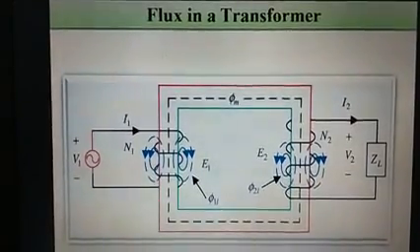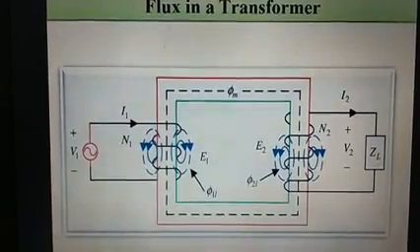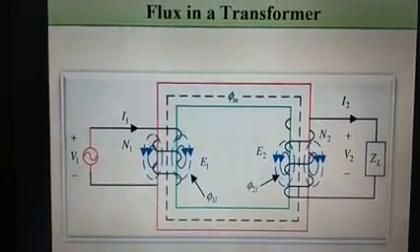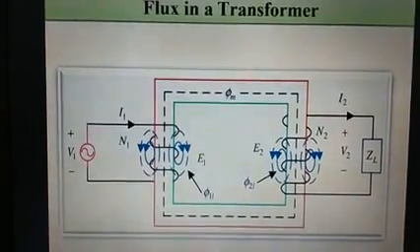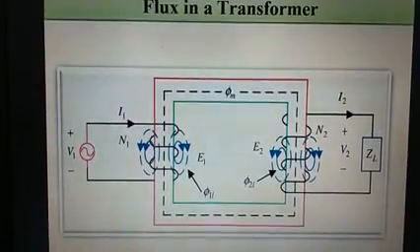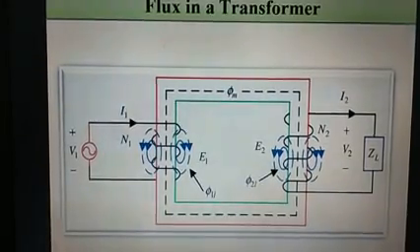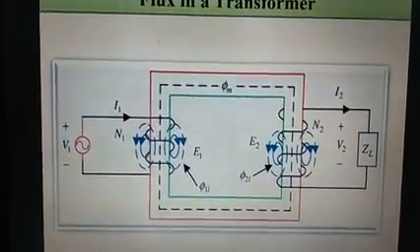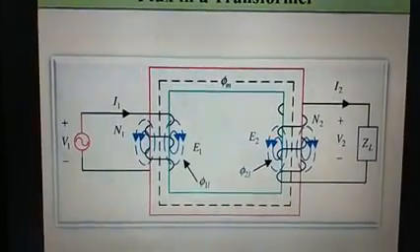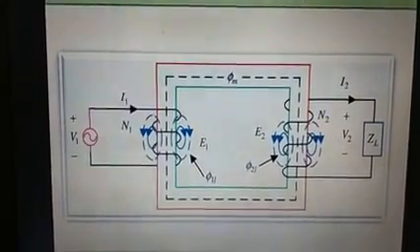Now let us understand flux in transformer. In this diagram, you can see that there is a flux phi m and there is a flux phi 1L at the primary side and phi 2L at the secondary side. Now let us understand the meaning of this flux.